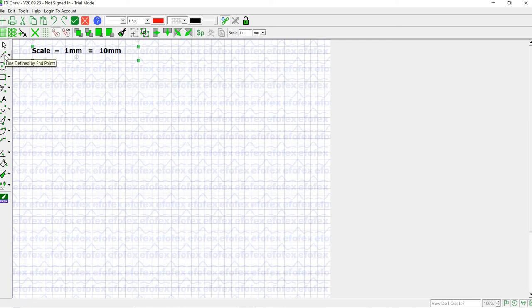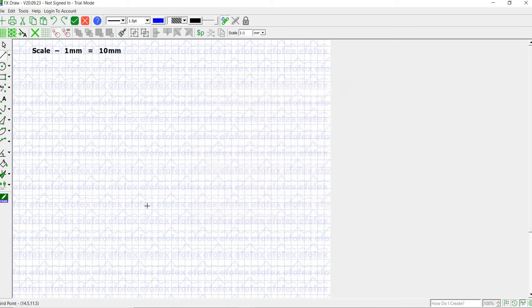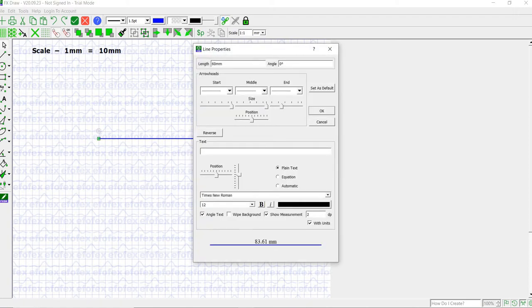That is 600, so my dimension will be 60. The straight line will be drawn.